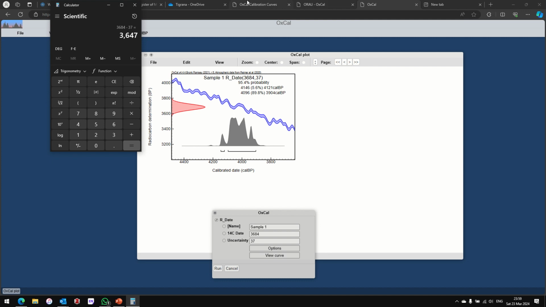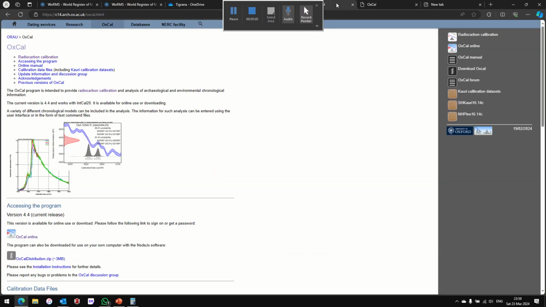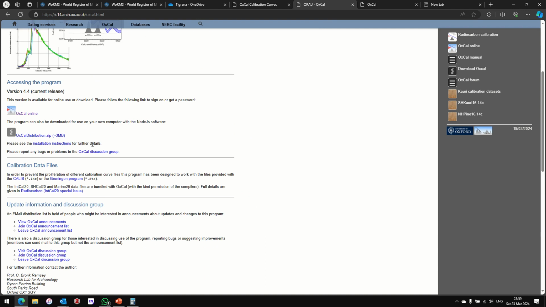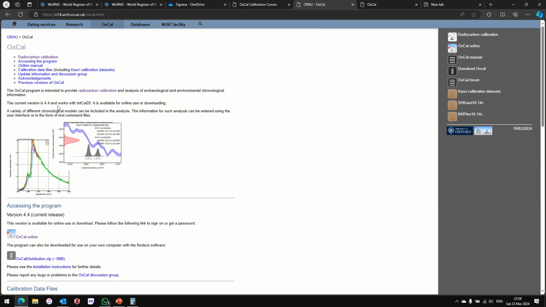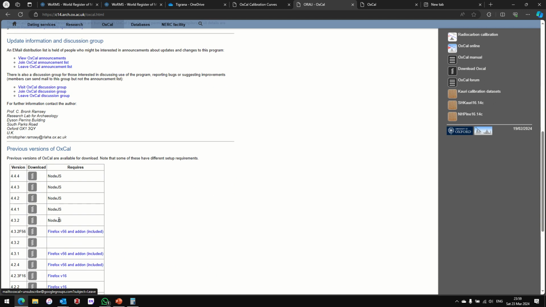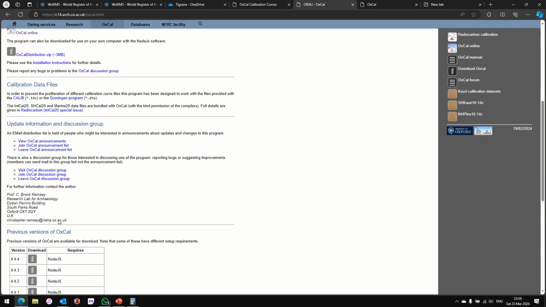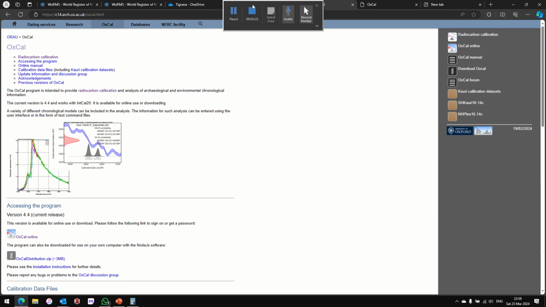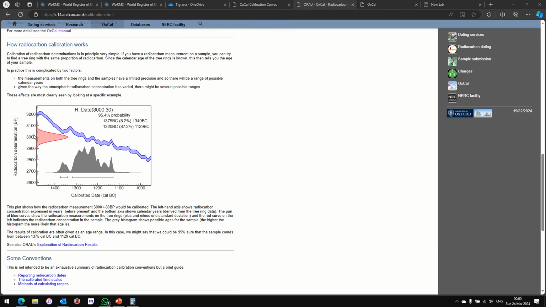And it says on the website... I really don't know where the online manual is. And yes, when I go to the website, it says the red curve on the left indicates the radiocarbon concentration in the sample.